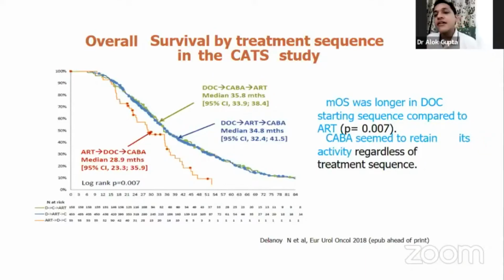And again, inference derived from retrospective analysis, but we can see here that those who receive docetaxel upfront, followed by enzalutamide and cabazitaxel, they did better than those who received hormonal agents first, followed by docetaxel. Again, a retrospective analysis.